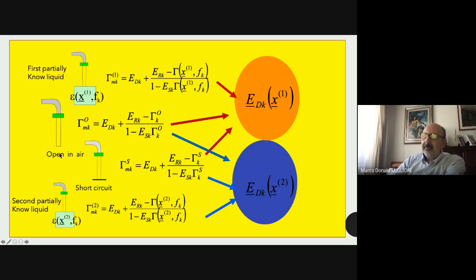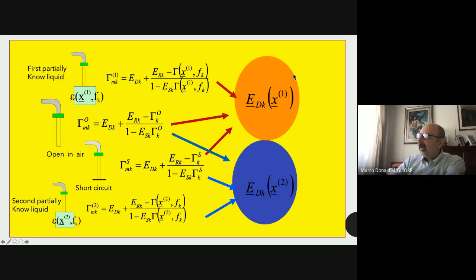But the error circuit is the same. The error circuit is everything there is between the section of measurement of the VNA and the tip of the coaxial cable. So we must have the same E for the two measurements.